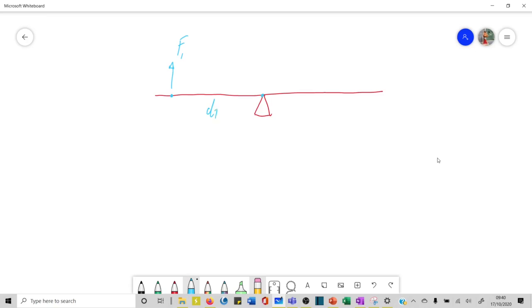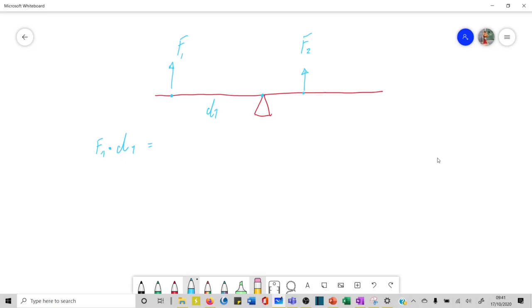Okay, so F1 times D1 is equal to, if we put a force here, F2, and then, let's get that a little bit nearer because we're trying to solve the problem of, let's say, it's half the distance, so F2.